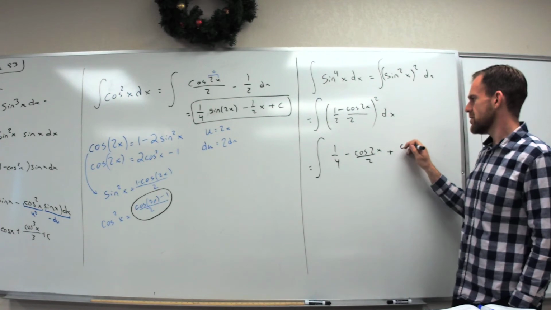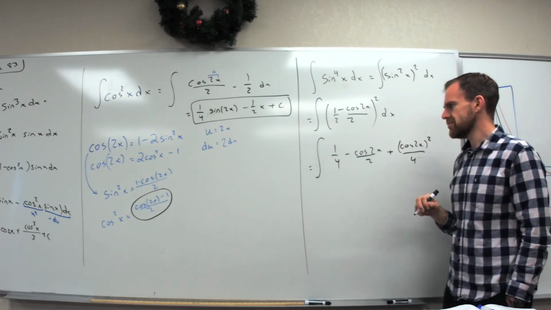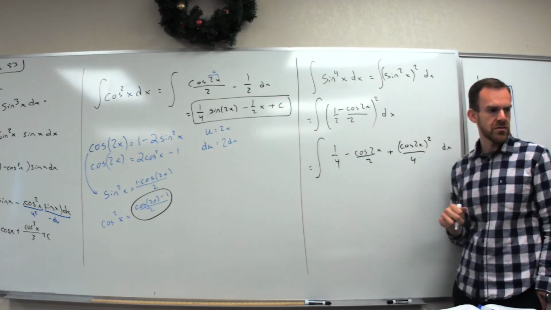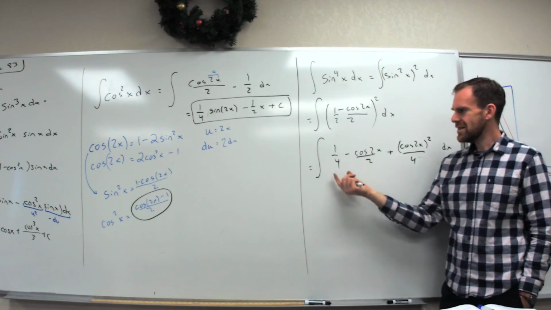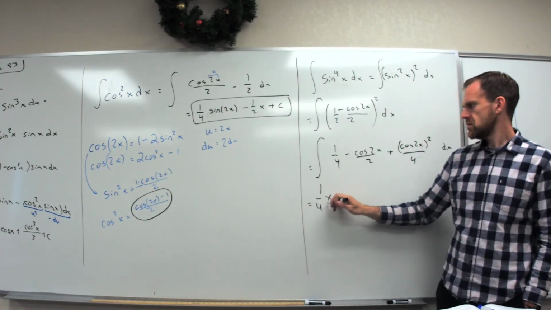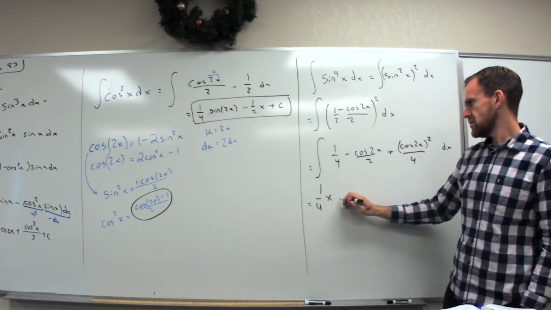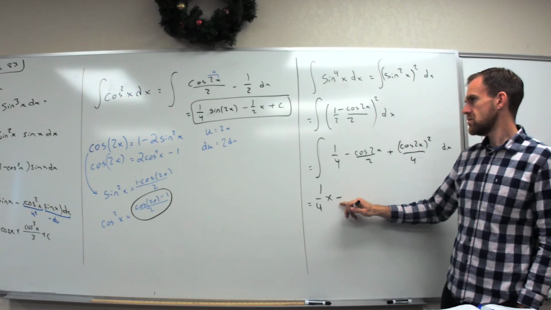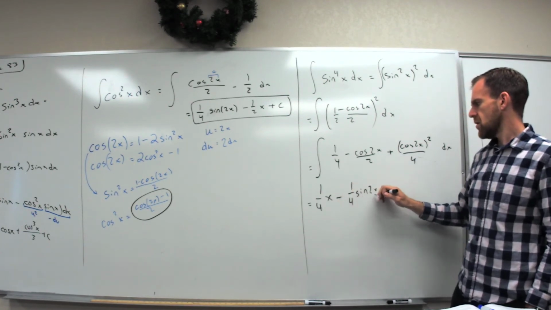Plus cosine of 2x squared over 4. Gross? Very. Can I integrate this? We already did it right there. It's 1/4 sine. Can we integrate this?